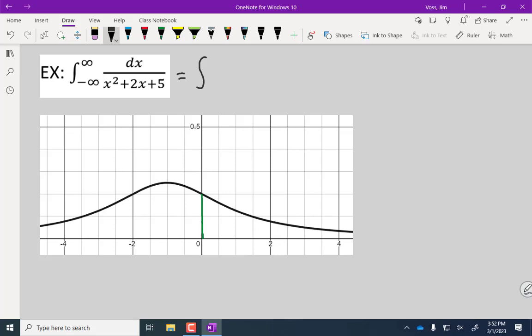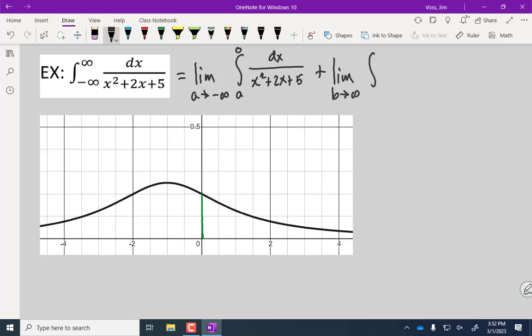So we're going to treat this as the limit as a goes to negative infinity of the integral from a to 0 of dx over x squared plus 2x plus 5, plus the limit as b goes to infinity of the same exact integrand from 0 to b.